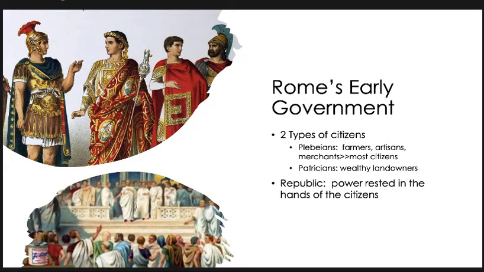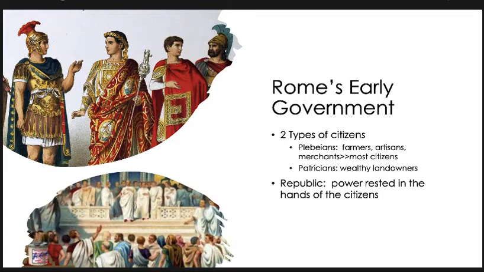That is how Republican government works. And it's still a democracy because ultimately, those people that I'm voting for, who are they accountable to? Who are their bosses? The citizens.